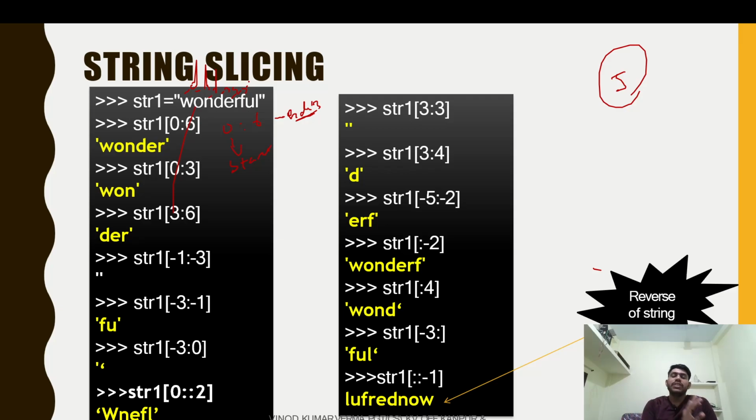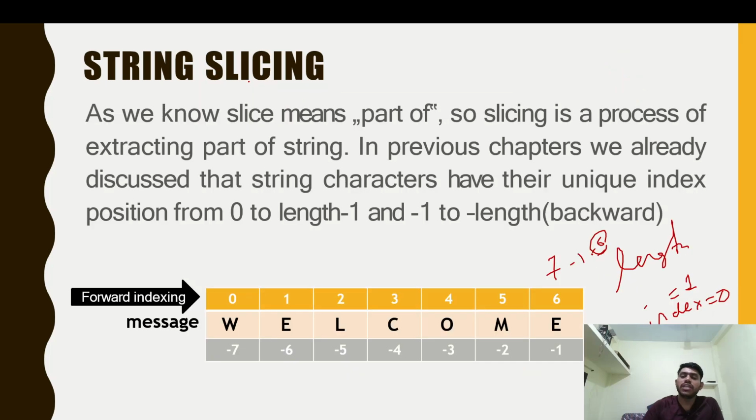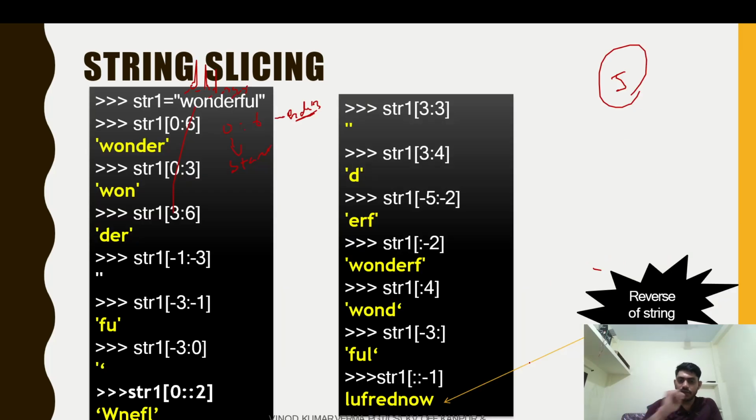Starting, ending. If there is no starting, then it starts from 0 by default. Now if you start from -3 to -1, what will it do? It will start from -3, here, and it will move backward toward -1. Backward indexing. Okay. So -3 to -1. Where is -3? L is -1, U is -2, -3.